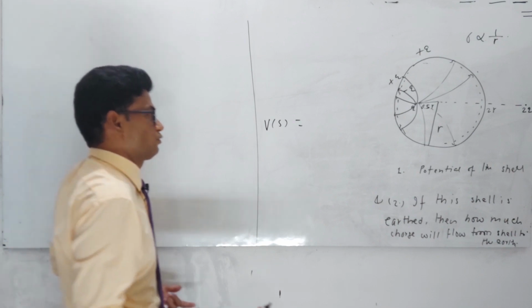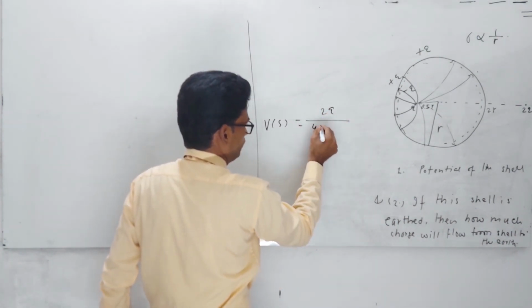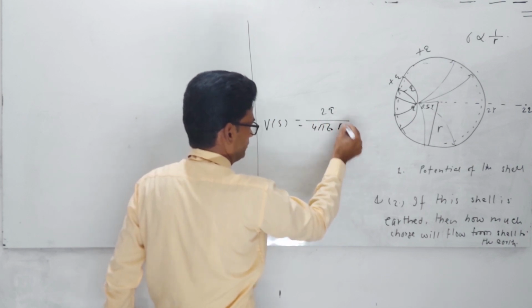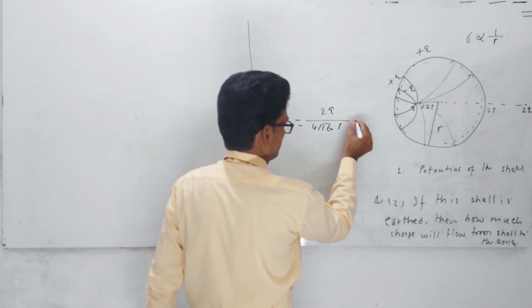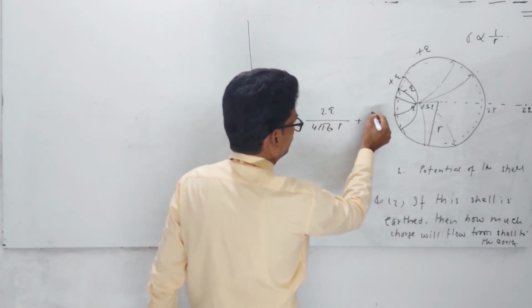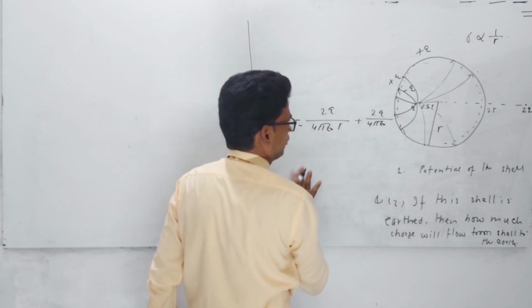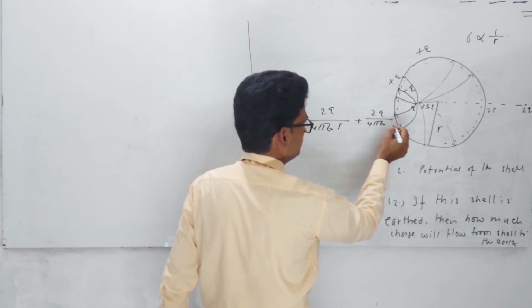That is very easy to find. So, this is 2q divided by 4 pi epsilon naught r, plus 2q divided by 4 pi epsilon naught 2r.